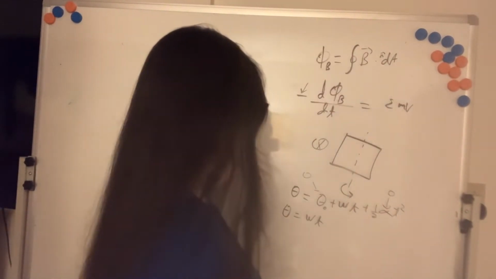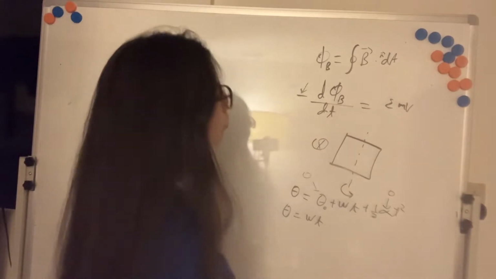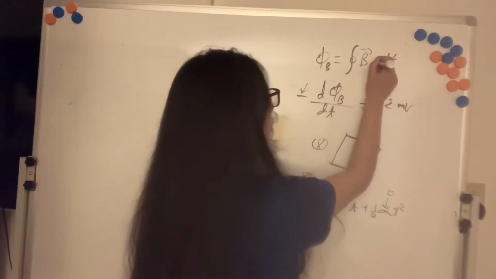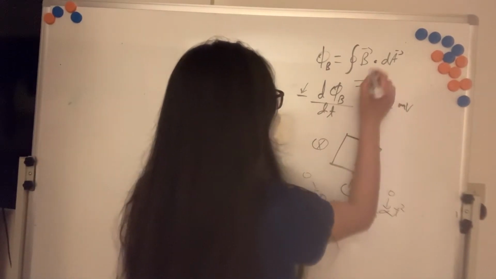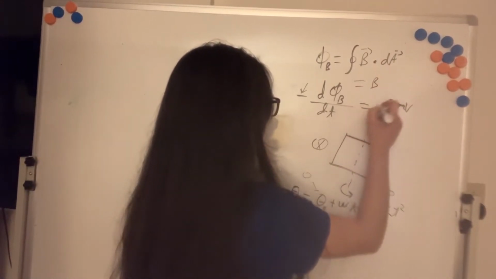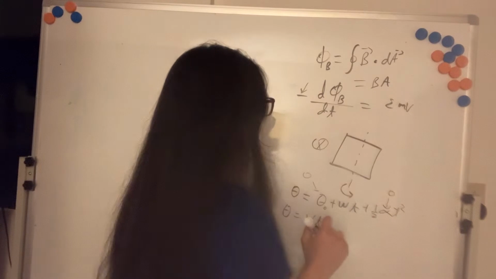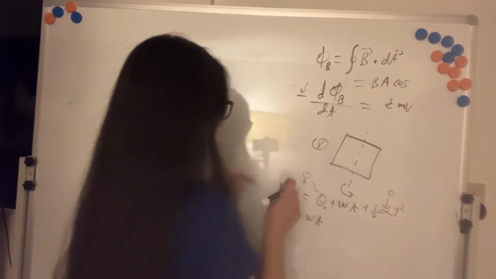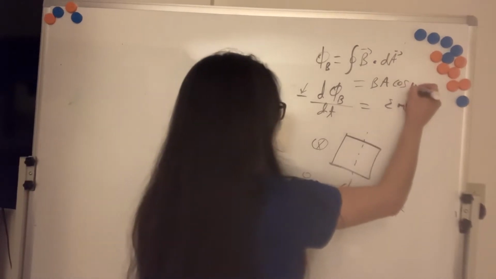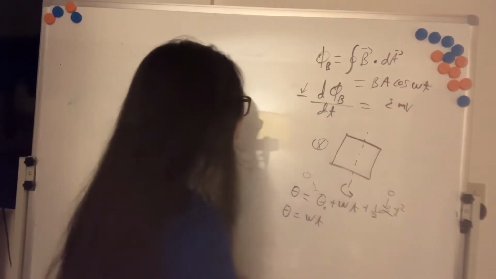This n is just the normal vector to the surface. Anyway, this is the magnitude of the magnetic field times the area times the cosine of the angle between them, cosine of theta, that is the same as cosine of omega t.